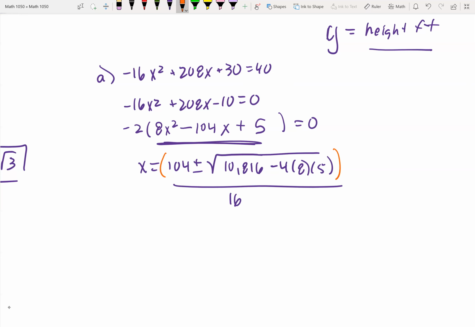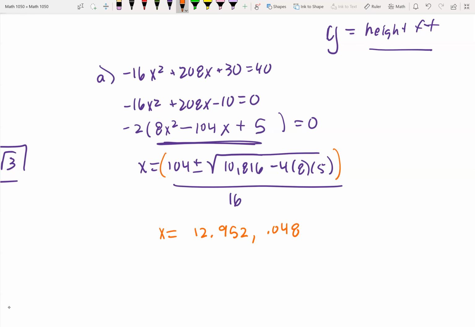Then you go close, close, close, divided by 16, hit enter, and I get x equals 12, and they want 3 places, so 12.952. Then I'm going to go up to the right, make it a negative, hit enter, and I get 0.048.